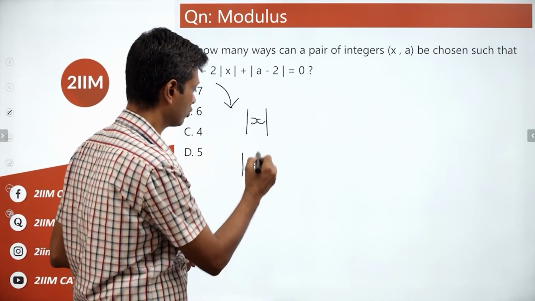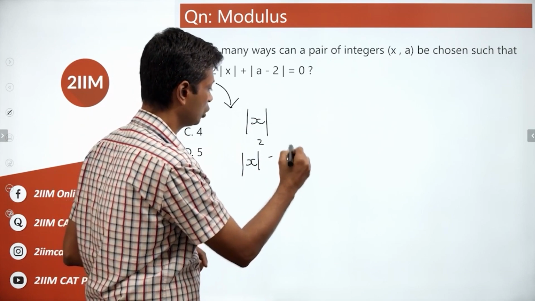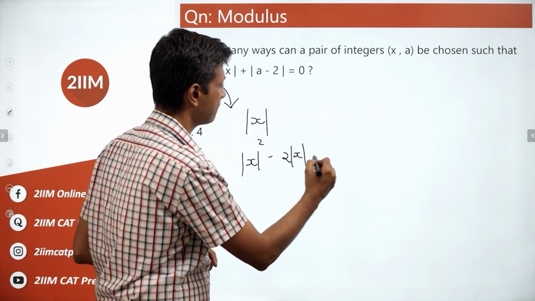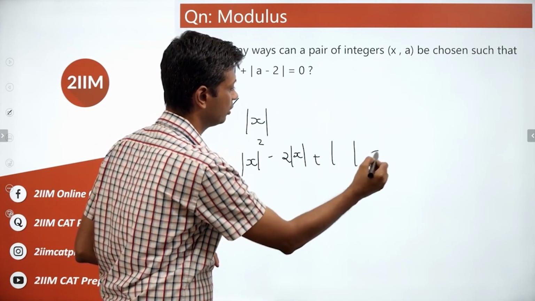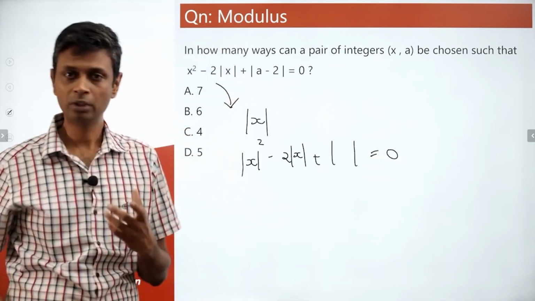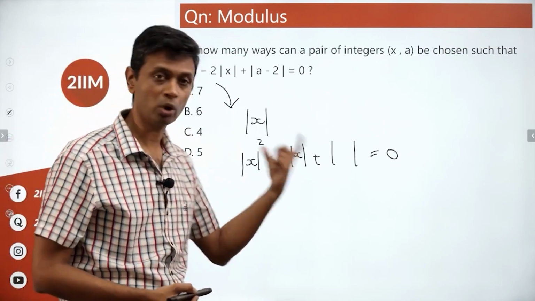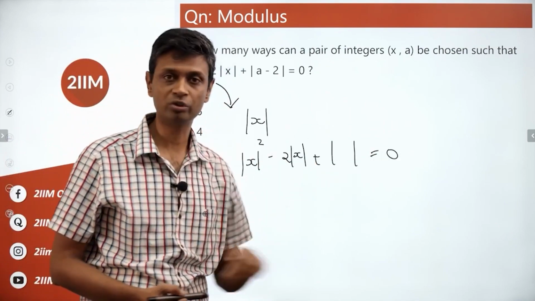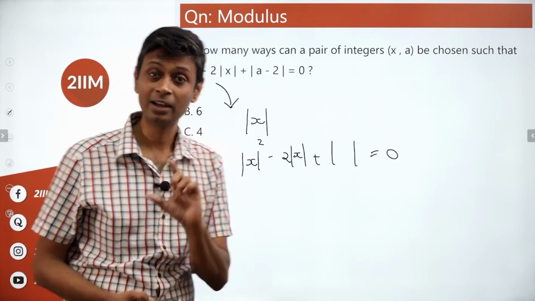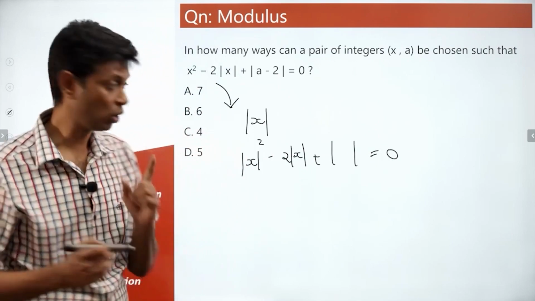So we have mod x square minus 2 mod x plus a positive number is equal to 0. The beauty here is mod x square minus 2 mod x plus 1 is a nice square of a quadratic expression. How do I say that?